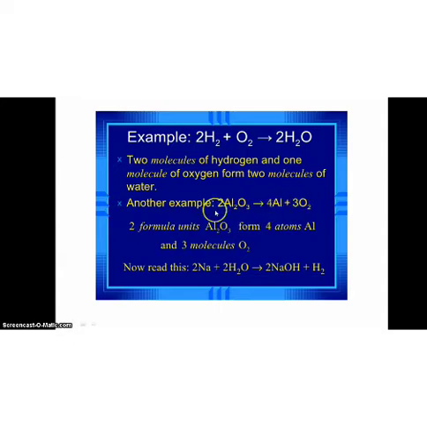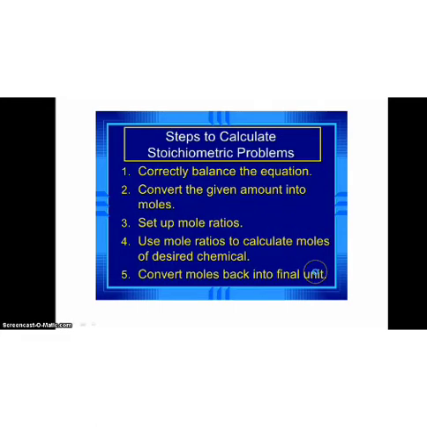So, we can say 2 formula units or 2 molecules of alumina form 4 atoms of aluminium and 3 molecules of oxygen. In this also, 2Na plus 2H2O giving 2NaOH plus H2, where 2 molecules of sodium react with 2 molecules of water to form 2 molecules of NaOH and 1 molecule of hydrogen.